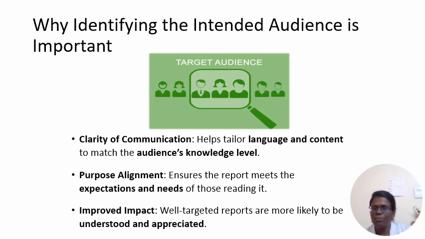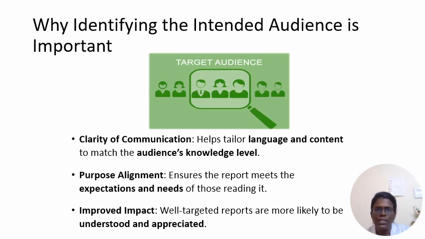If the people are from a technical or professional background, they can understand my language and I can get appreciation from them. So we need to improve the impact by identifying the intended audience. These are the three major reasons why identifying the intended audience is important.